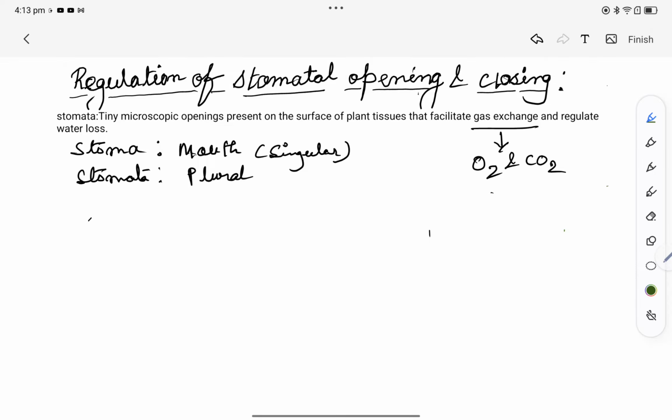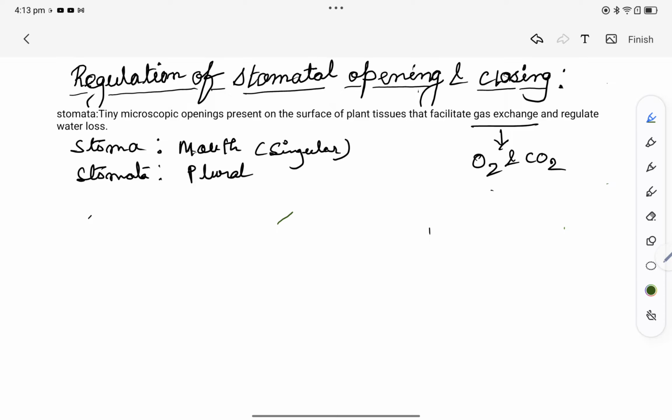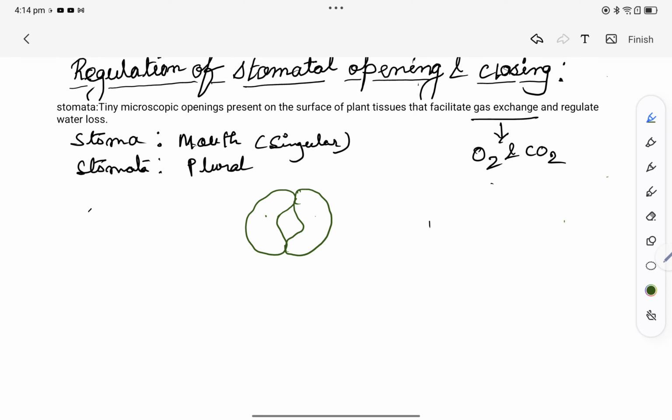Fine. So first we need to understand how a stoma looks. As I have told you, a stoma is nothing but a small opening. It is encircled by two kidney shaped cells named guard cells.